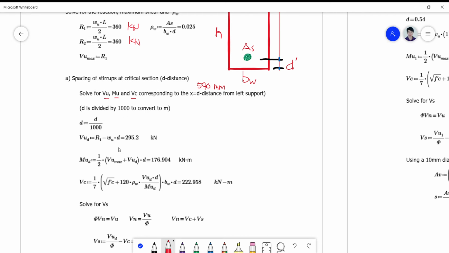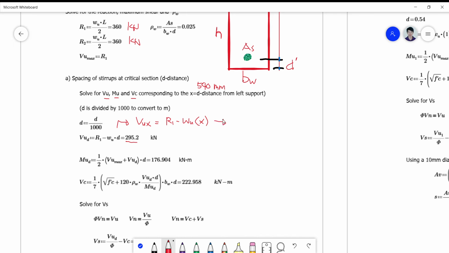For your VU at distance D, we simply make use of the formula R1 minus WU times D, to give you a value of 295.2 kilonewton. This was obtained from the formula VU at any distance x is equal to R1 minus WU multiplied by the distance x.